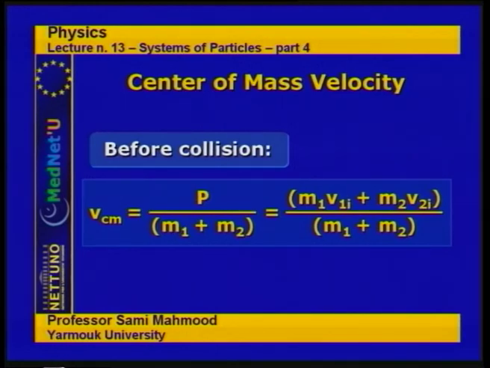This is the velocity of the center of mass as evaluated from the initial conditions. But again, it does not matter if we consider the final state of motion of the system, since, as we mentioned, this system is isolated and closed. It doesn't have any external forces acting on it, and thus the momentum is conserved after collision.